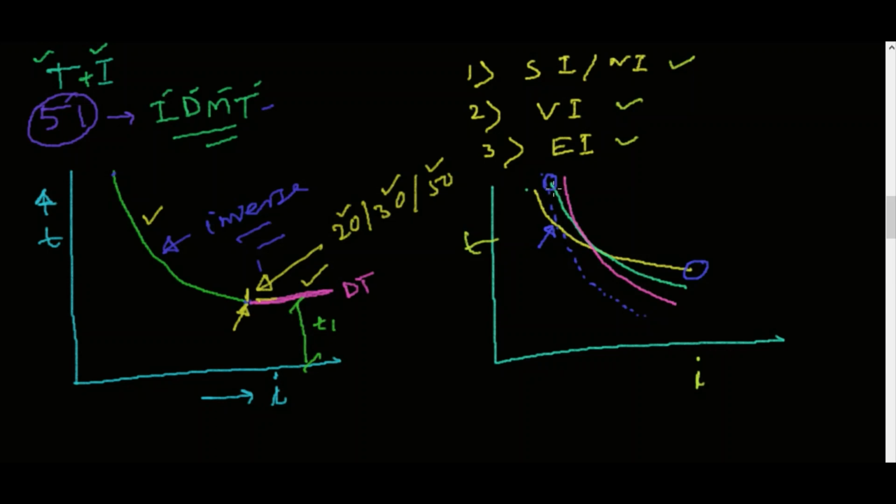The only option is extremely inverse, because there is a gap between these two.